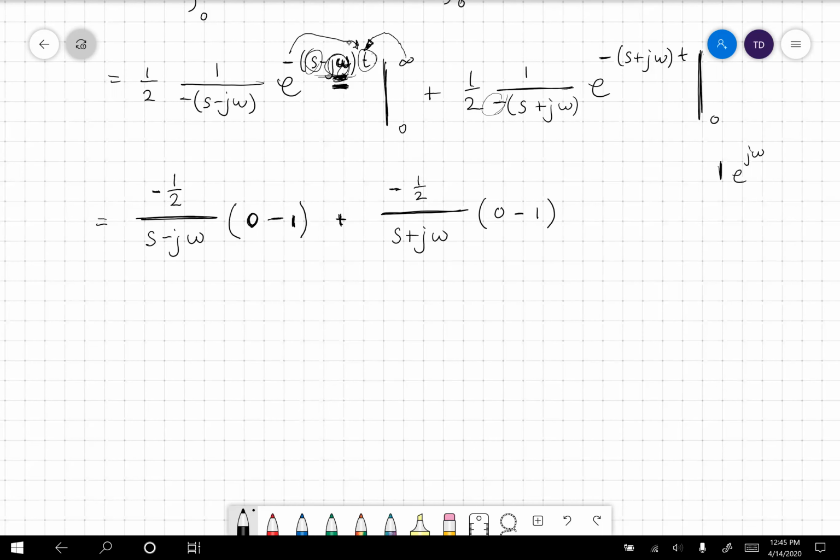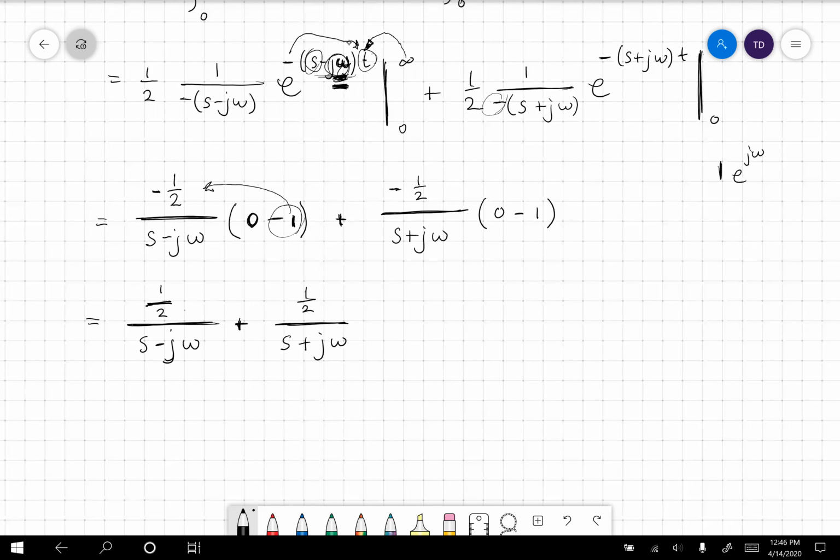Okay, pretty interesting. Factor out this negative 1 multiplied by that is going to give me a positive 1/2 over s plus j omega plus 1/2. I'm sorry, this first one is s minus j omega. And this one is s plus j omega.